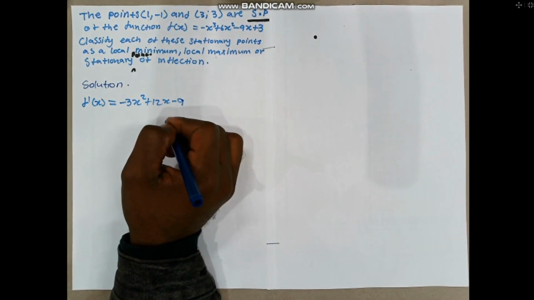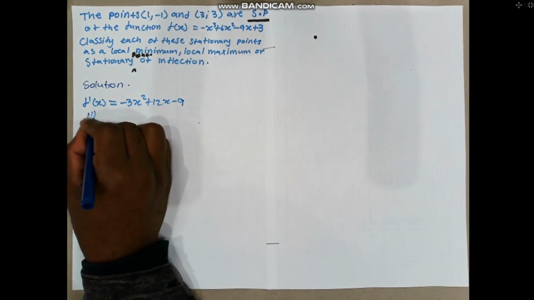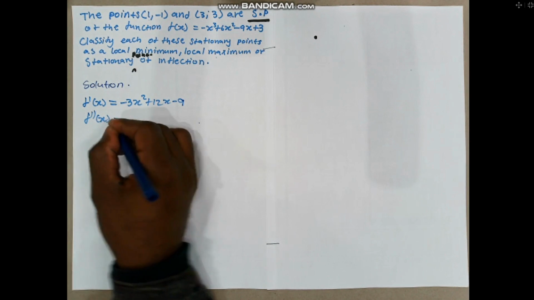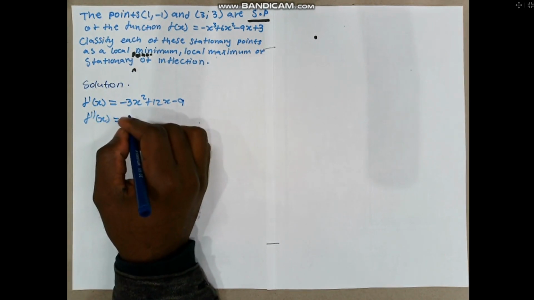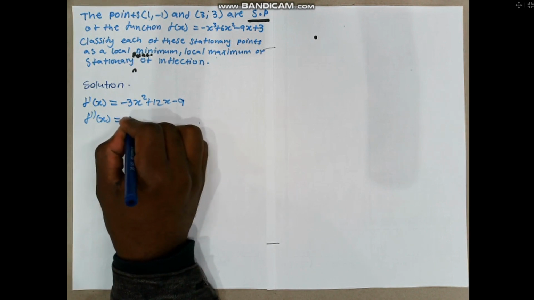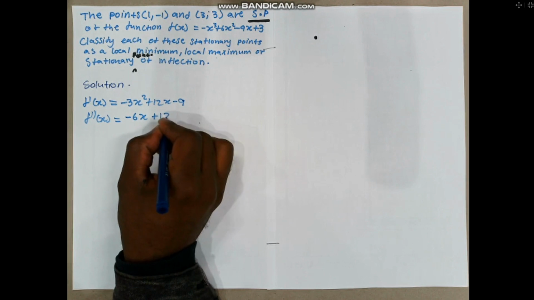After deriving it, we need to find the second derivative, because that's where we get the clarification of everything that we need. Deriving this is going to be -6x plus 12.